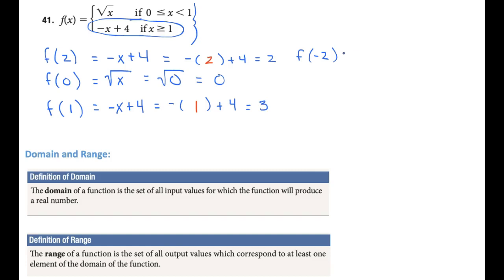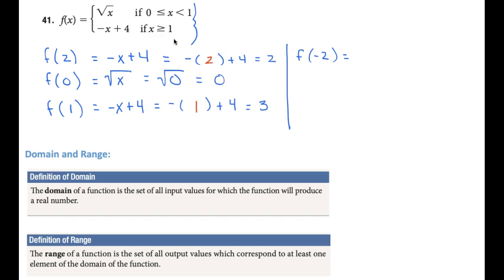Okay, the other one I wanted to make sure to do was f of negative 2. So I'm going to erase this line that I did because we have to decide which condition this falls into. F of negative 2. So we've got from 0 to 1, and we've got greater than 1.